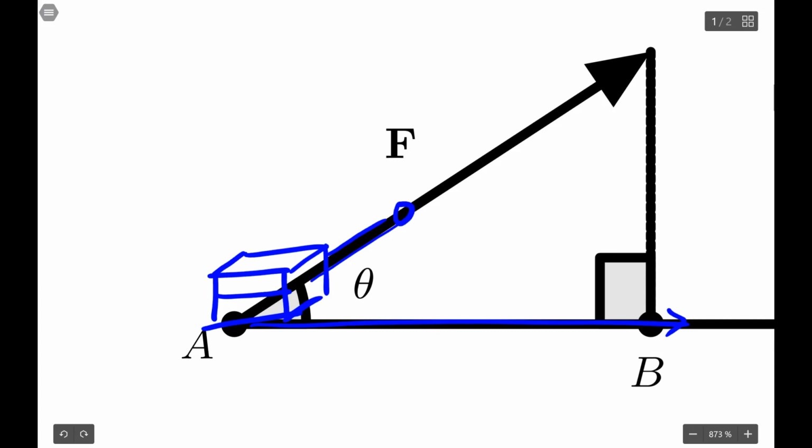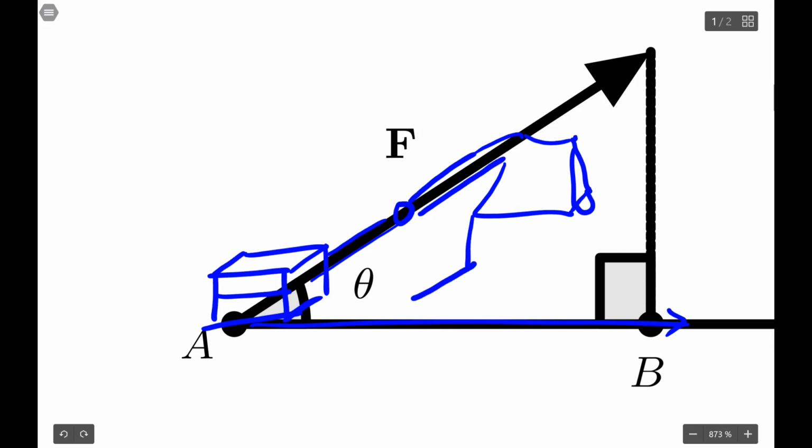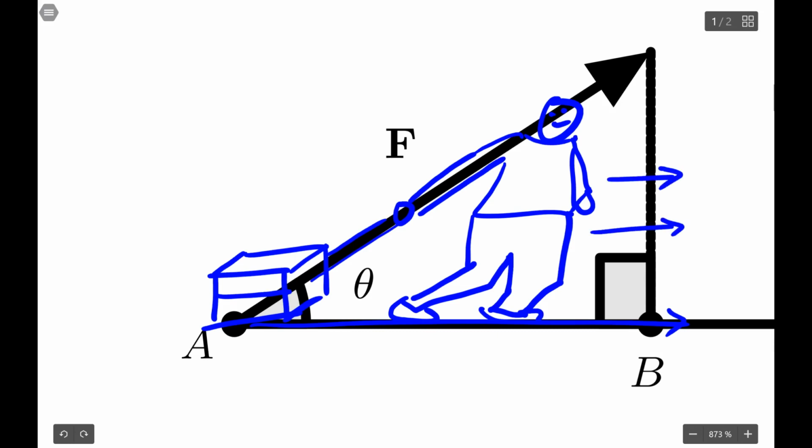And we might actually have someone that's trying to pull this rope, and they're working really hard. Here's our person, and I know this person's not drawn really proportionally, but I'm trying. So we have this person, and they're pulling this box, and it's moving this box in this particular direction. Now the force is being moved along this rope.